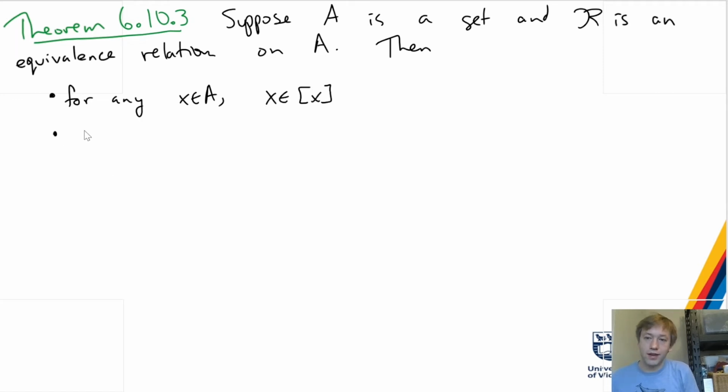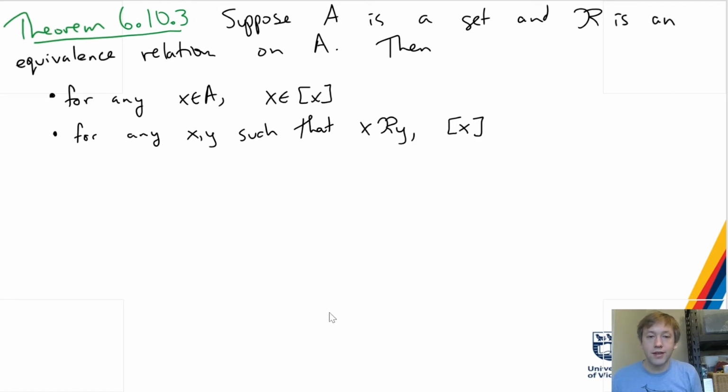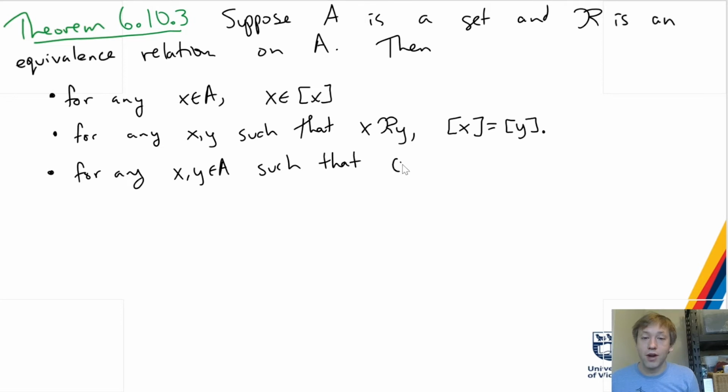Secondly, for any x and y such that x is related to y, the equivalence class of x is equal to the equivalence class of y. And thirdly, for any elements x and y in A such that x is not related to y, so (x, y) is not in the relation R, the equivalence classes of x and y have to be disjoint.